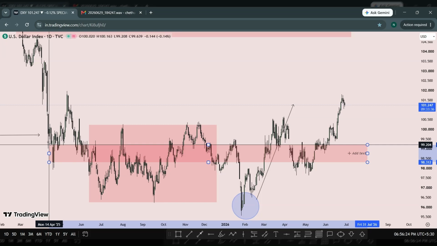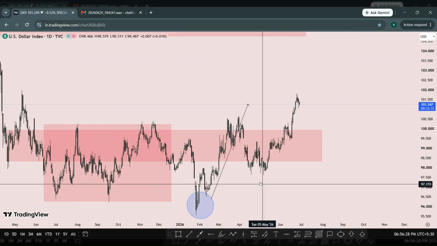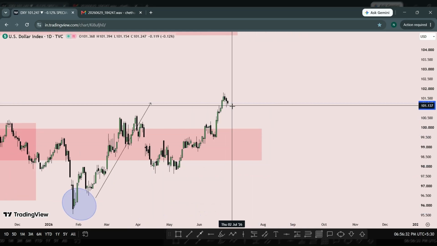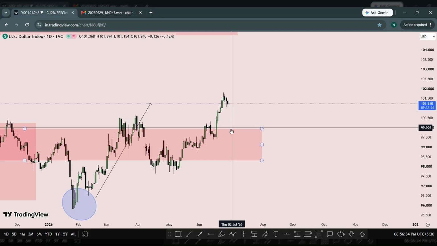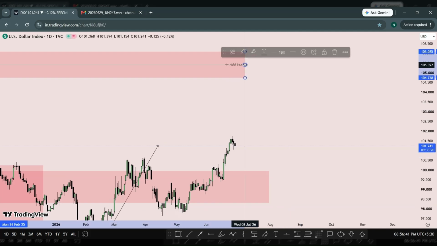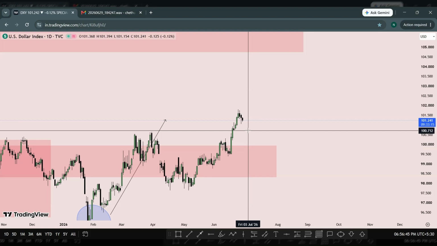From here to here, I think this is the strong support and resistance zone. For me, if price comes to this zone, then I am in and exit somewhere here.